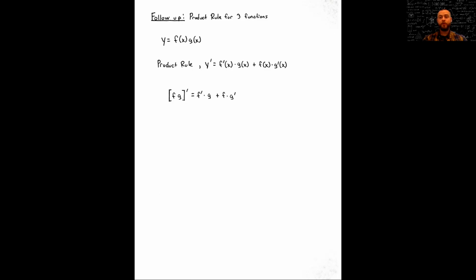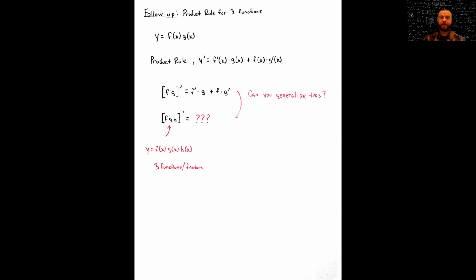What we're going to do is extend our function to be not just f of x times g of x, 2 functions or factors, but we're going to multiply by a third function, h of x. So if we have a function y equals f of x times g of x times h of x, where f, g, and h themselves are all functions, how do we differentiate this?